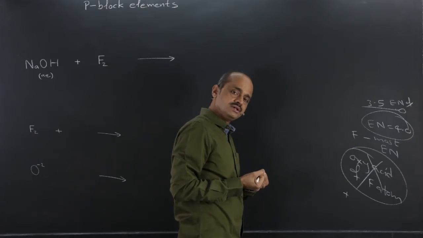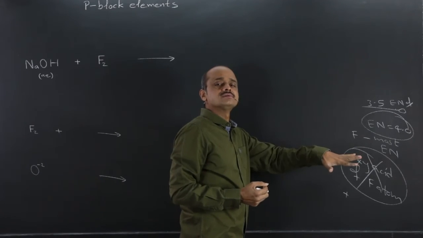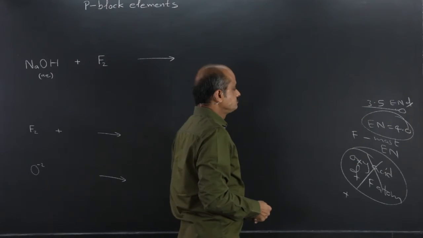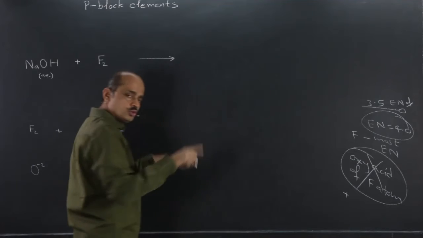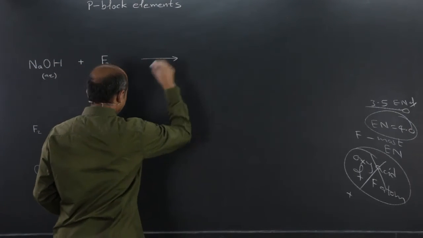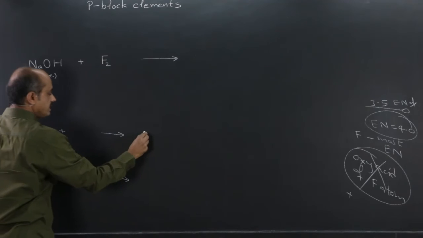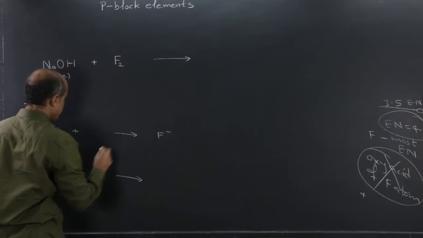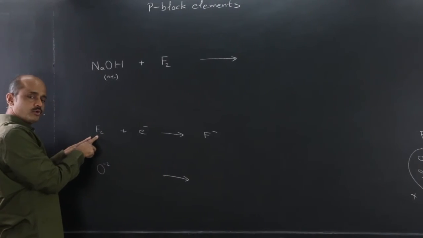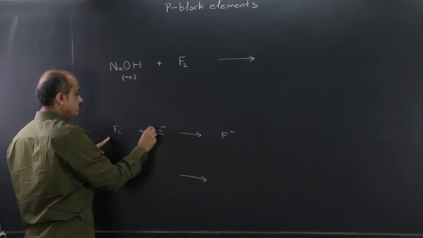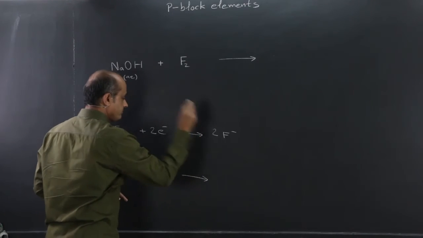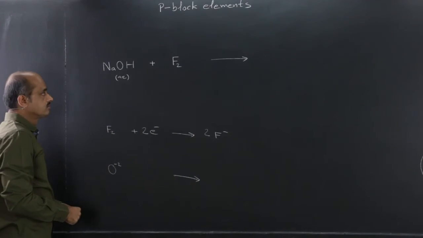It will always be -1 on the product side during any chemical reaction. So on this side fluorine will be -1, meaning fluorine will get converted into -1 by accepting 1 electron each. From the molecule point of view, both fluorine atoms, each one will accept 1 electron, therefore it will get converted into this.